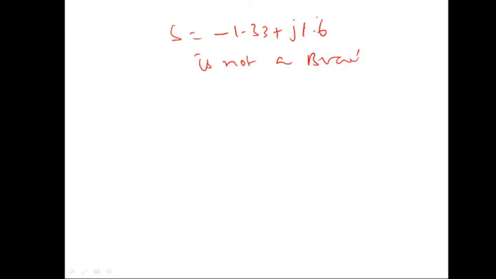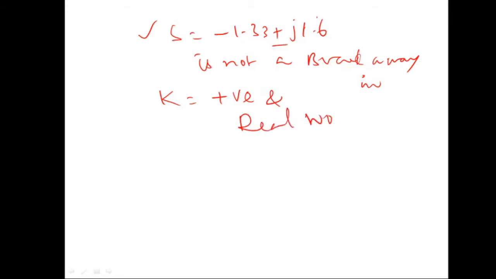The reason is, for any of these complex conjugate numbers, plus or minus j 1.6, we don't get k as a real value. It may be positive, we don't bother about it, but it won't be real.